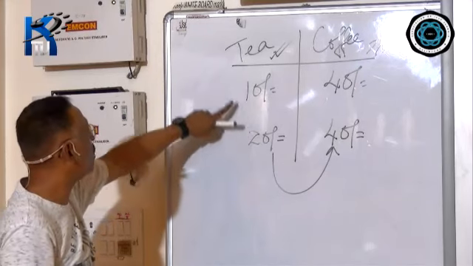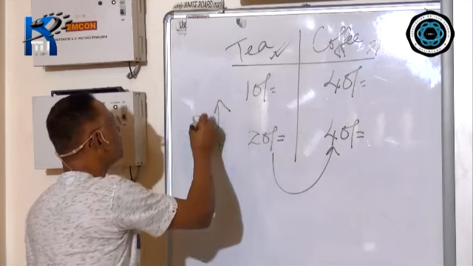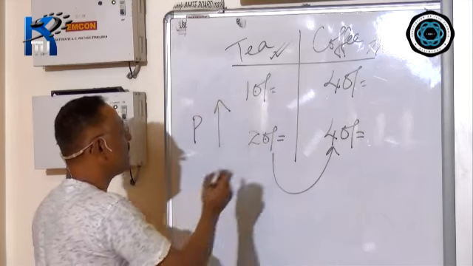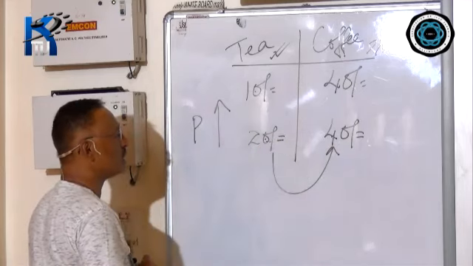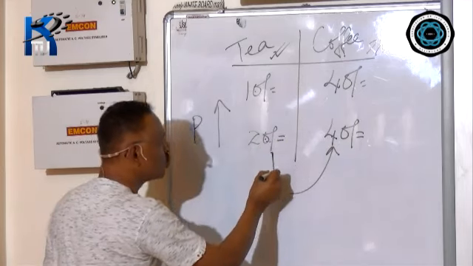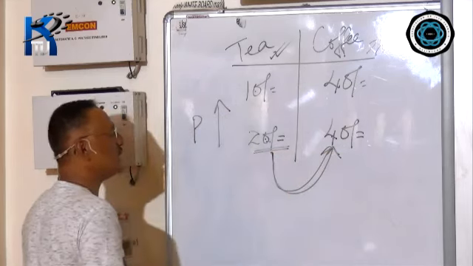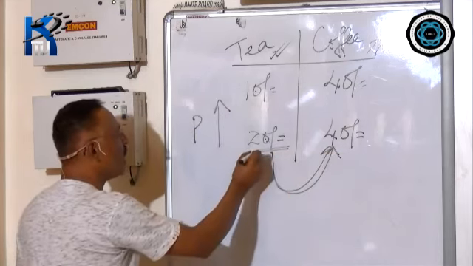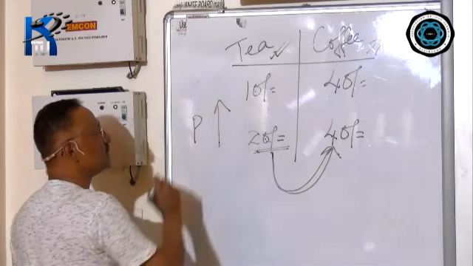That means when the price of tea increases, tea is relatively costlier, some of the consumers switch over to coffee, and the demand for tea will decrease. That is why quantity demanded will fall when the price increases.